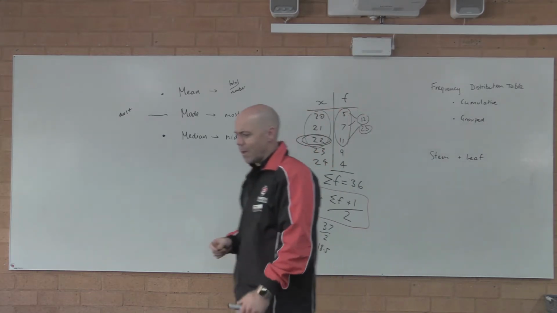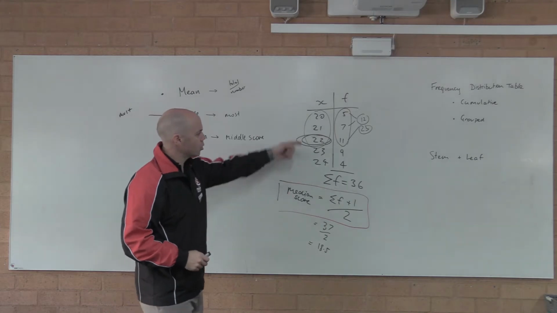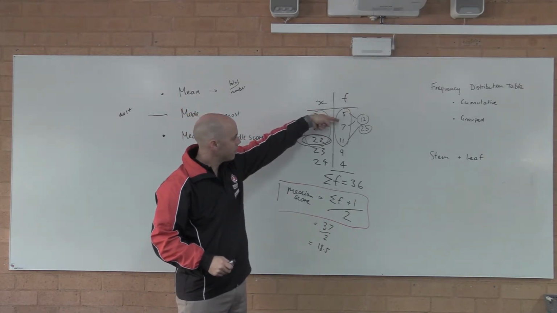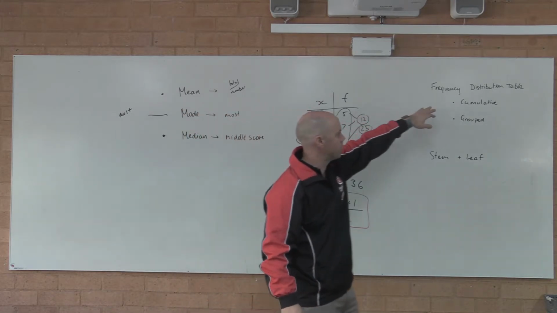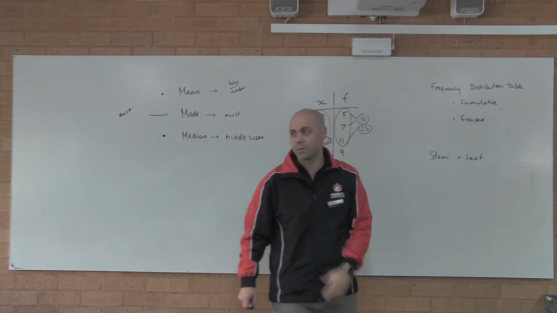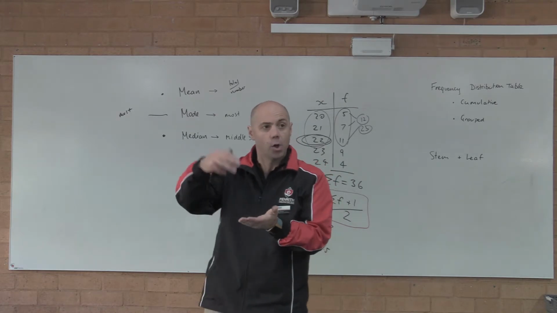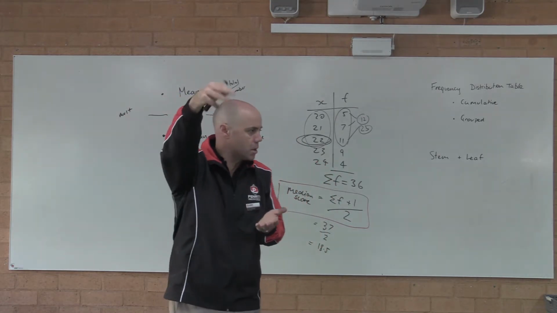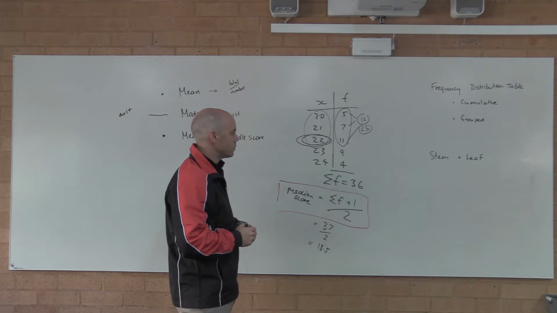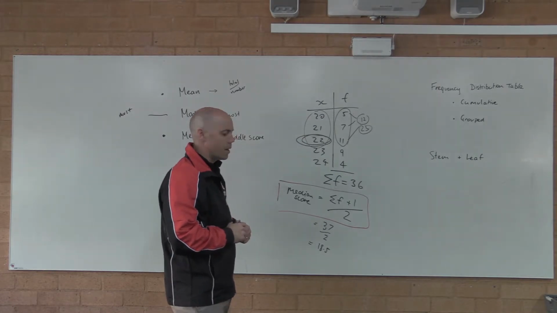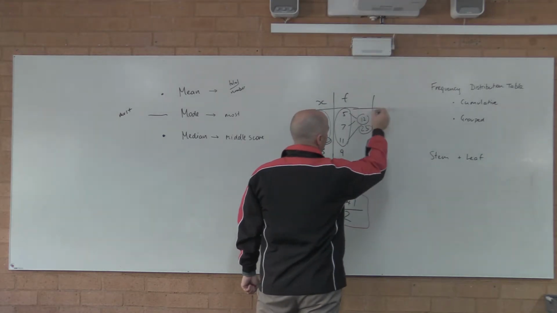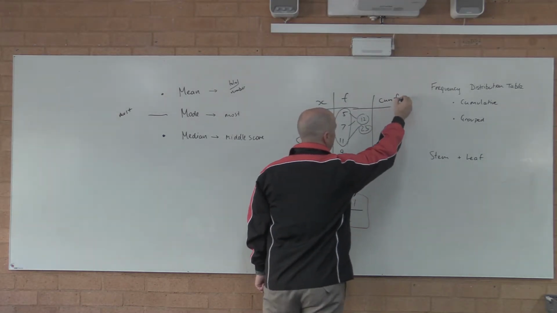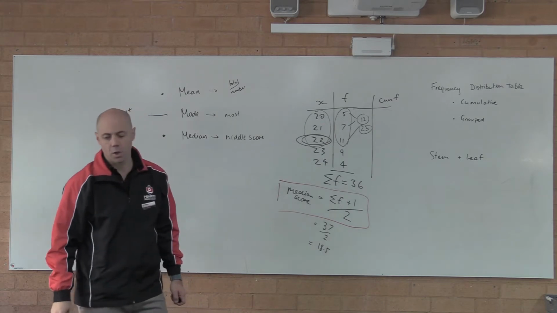To work out what those scores are, I go down and I actually make, in my mind, a cumulative frequency distribution table. You've seen those before. That's where you keep adding on the number of frequencies each time. If you need to do it in a more detailed way, you actually use a cumulative frequency column.